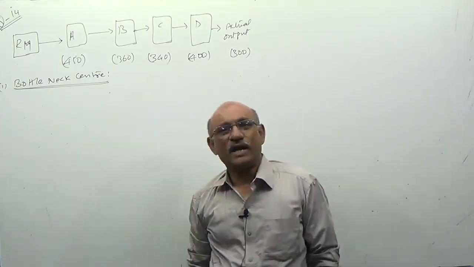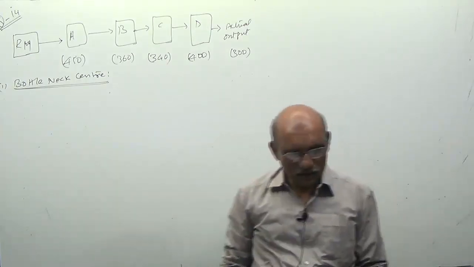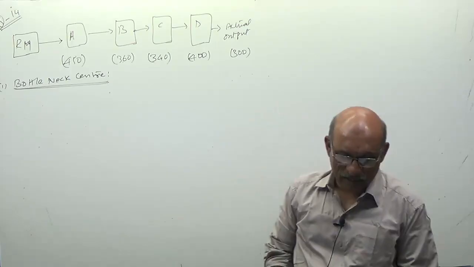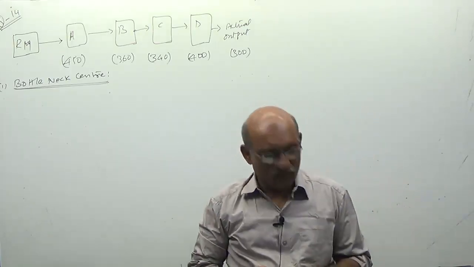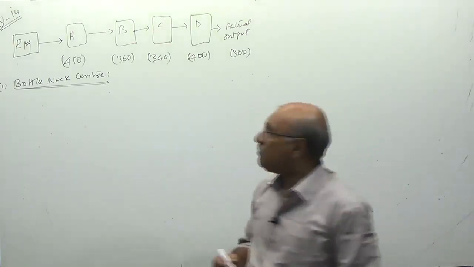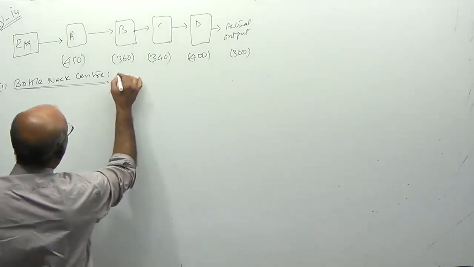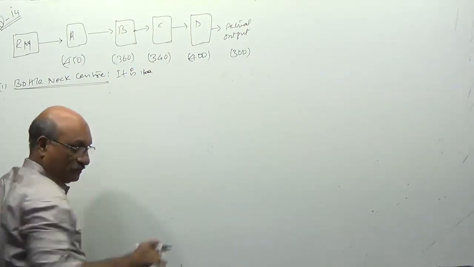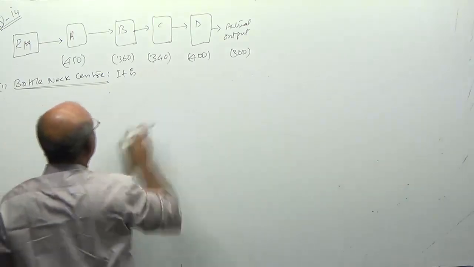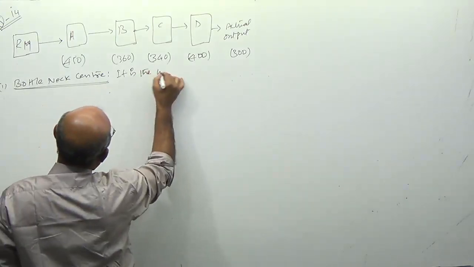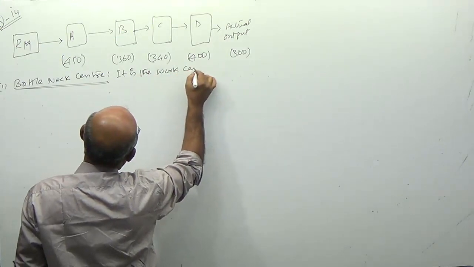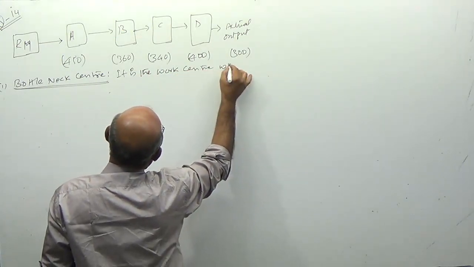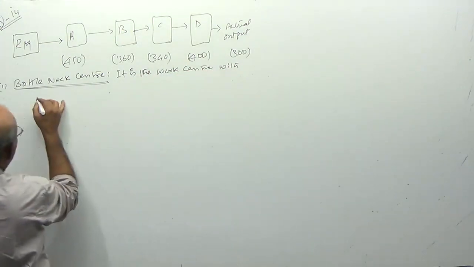Work center C can handle 340 units only. That is called bottleneck center. So bottleneck center is the work center with minimum capacity.